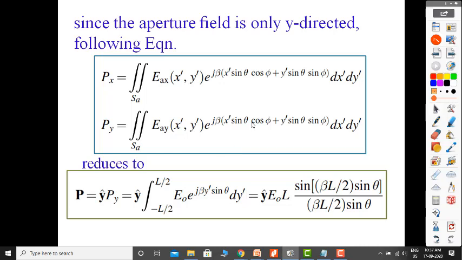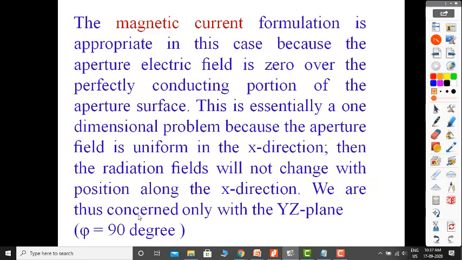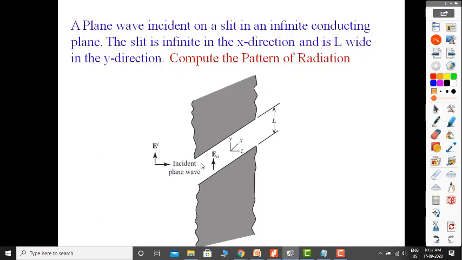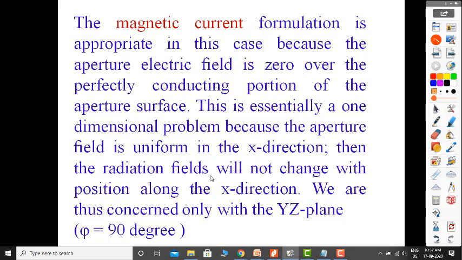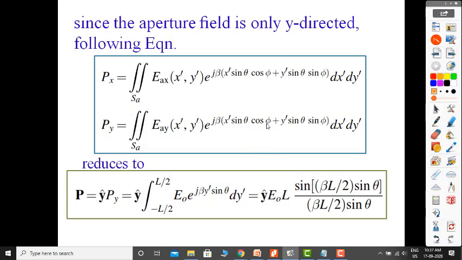Here we know that phi is 0, therefore phi is 90 degrees, which refers to the xy plane. If you put phi as 90 degrees, this component will exist and the other component will be 0.